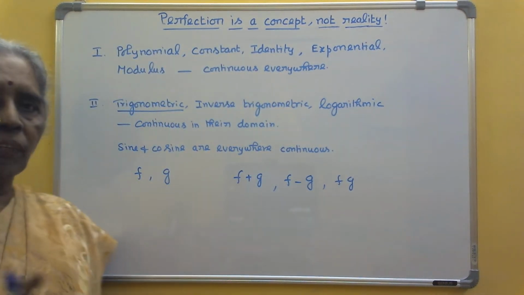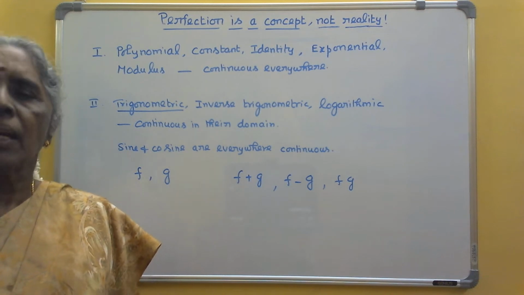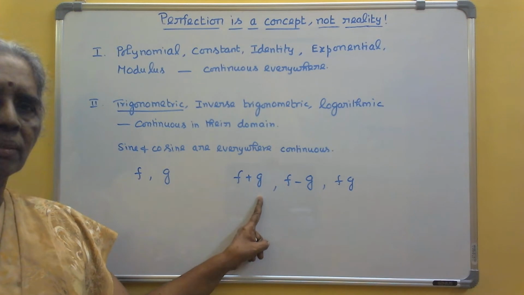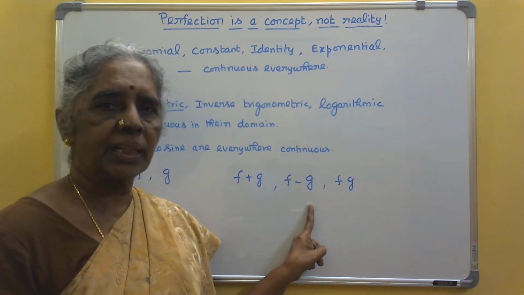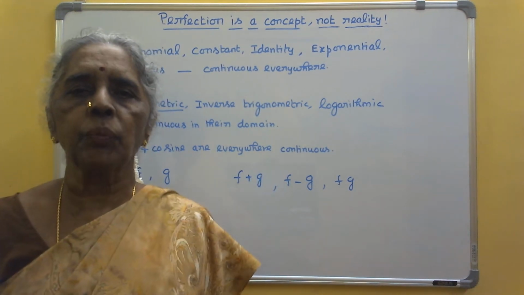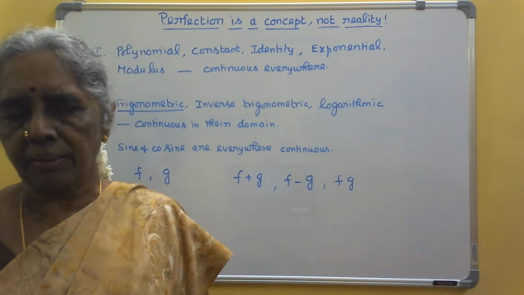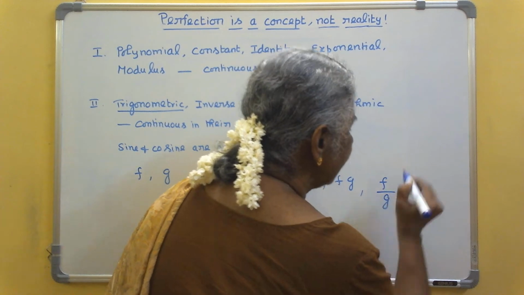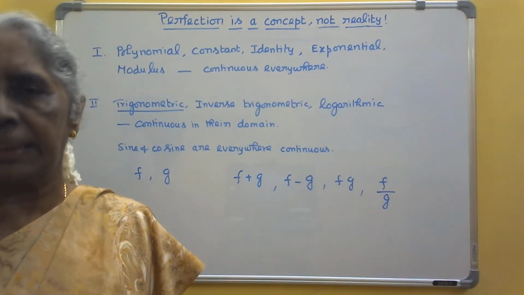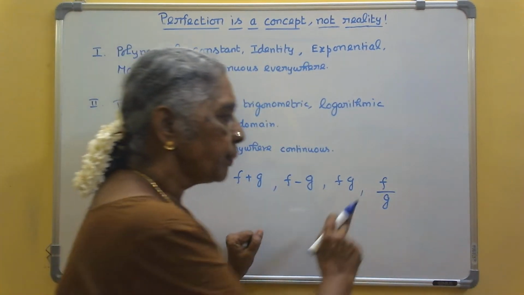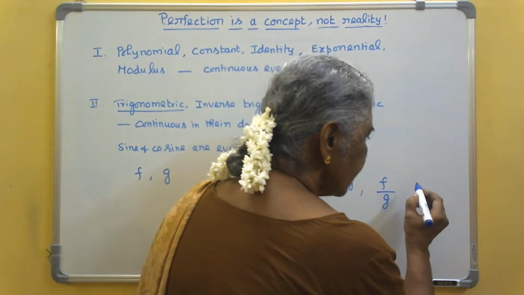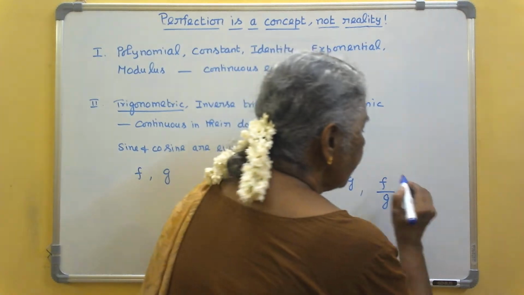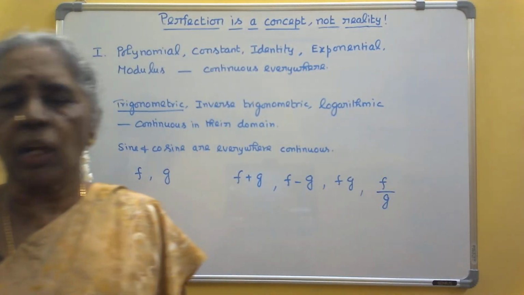The sum, the difference and the product of two continuous functions are continuous. But when you take f by g, that is the quotient f of x by g of x, this will be continuous in all cases except when g of x becomes 0, where it will not be continuous.